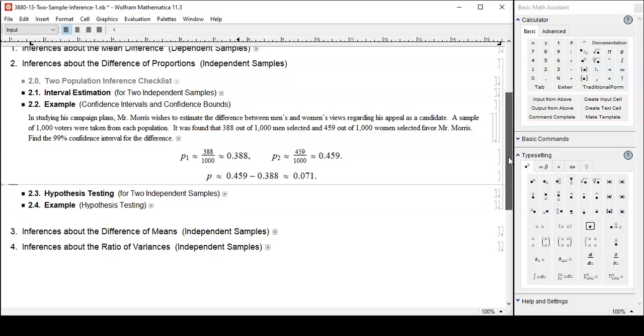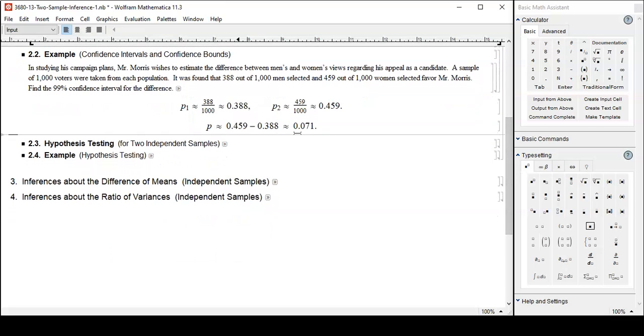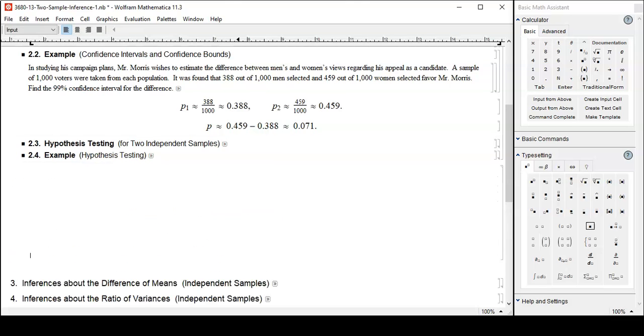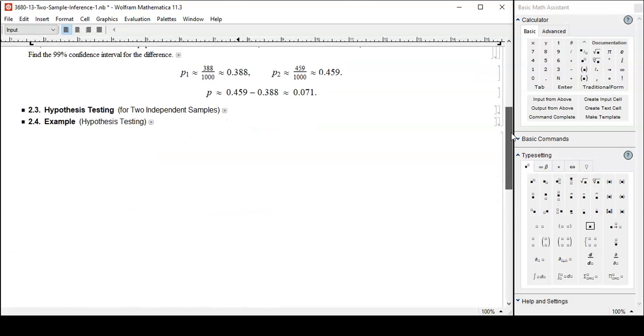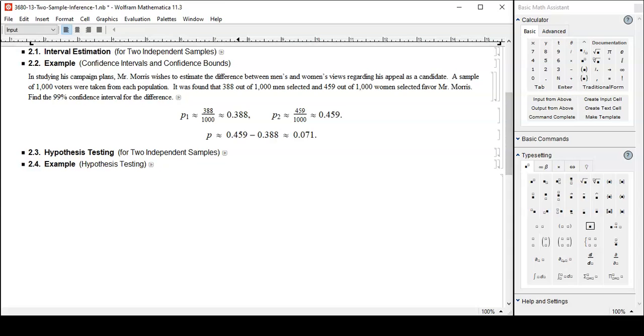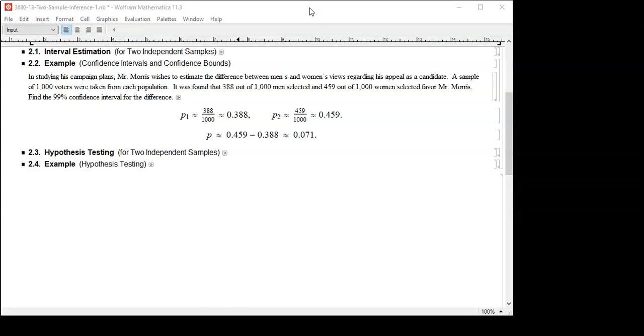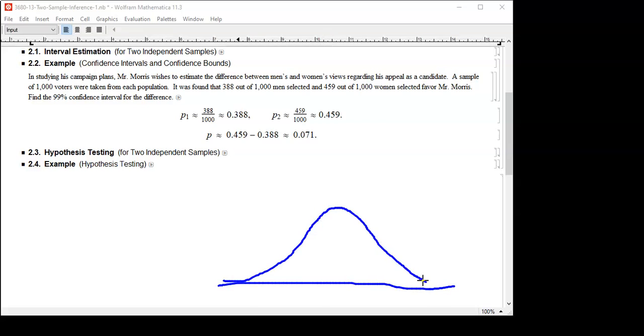And then I can expect a normal curve around this P. So let's see. We have this kind of picture. So 7.1% point difference.